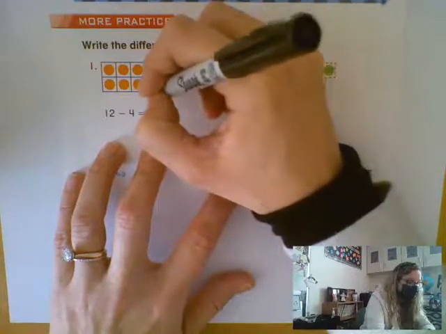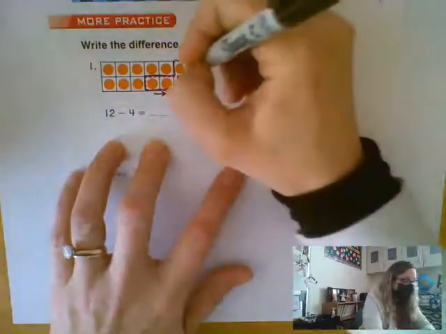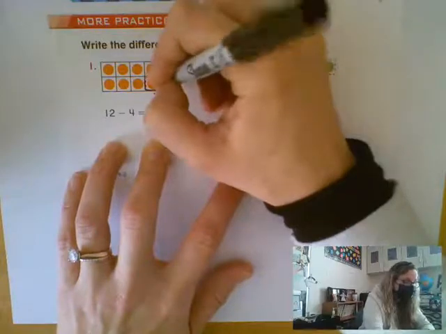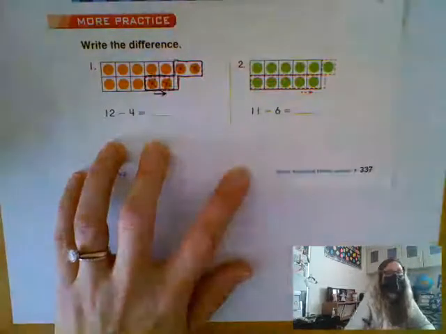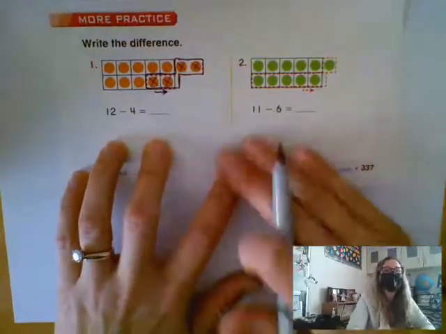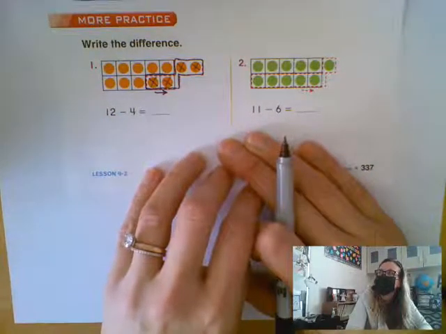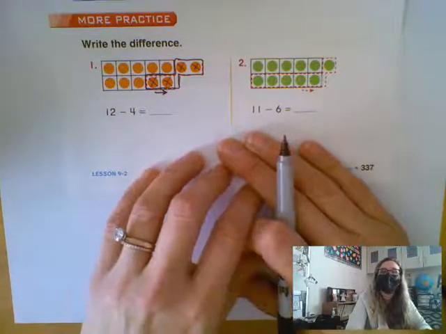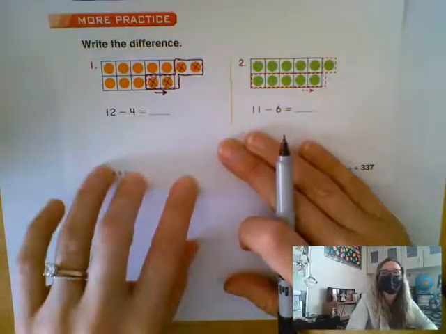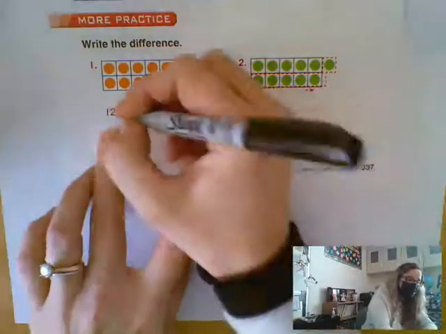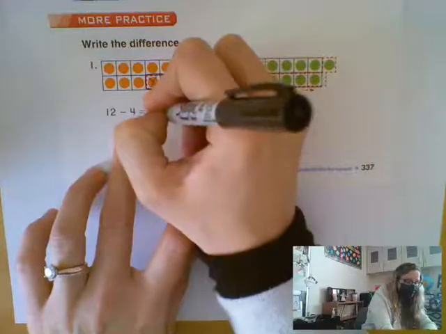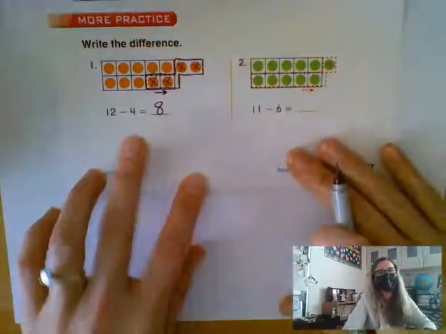And they do a little arrow to tell it to go away. You could also just X off. 1, 2, 3, 4. Whatever's easiest for you. And now, Brooklyn, how many orange circles are left after we take away 4? 8. So 12 minus 4 equals 8.